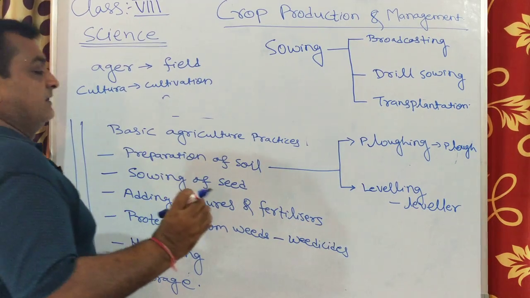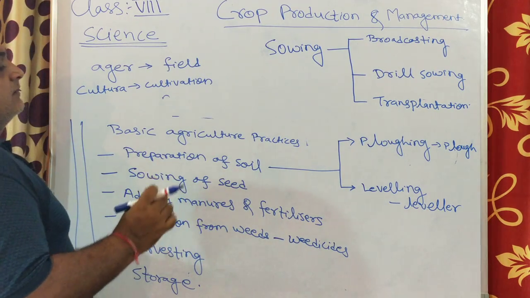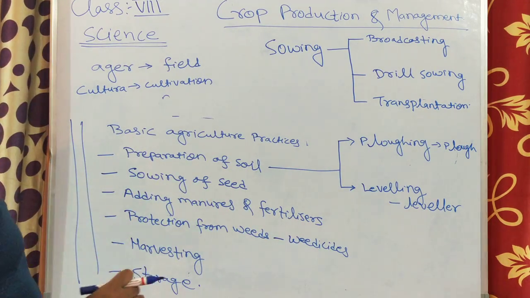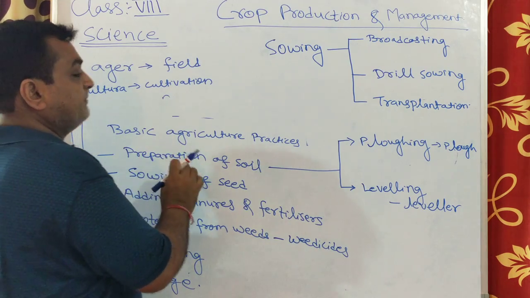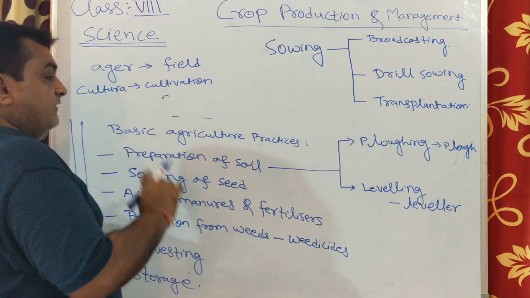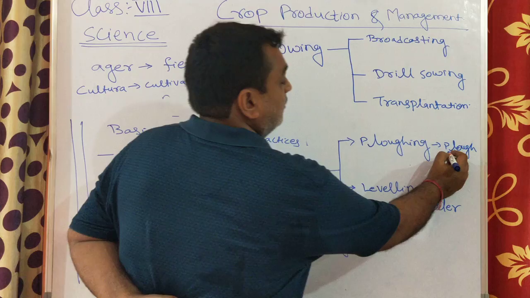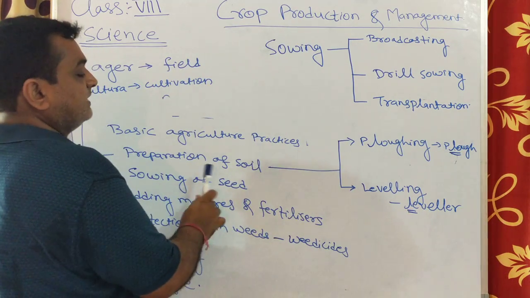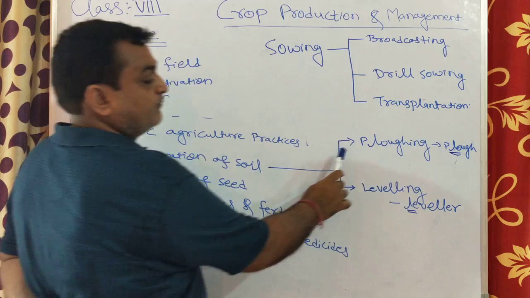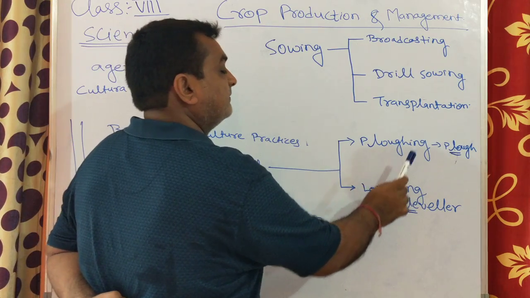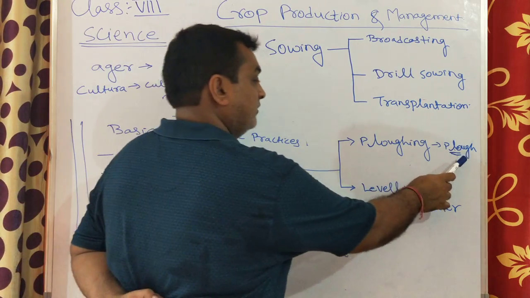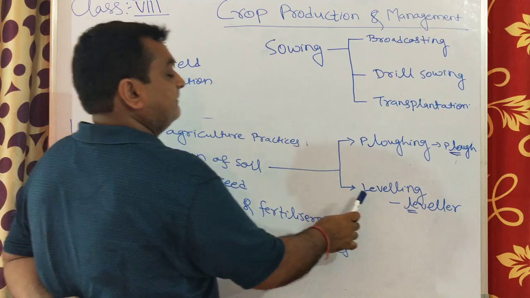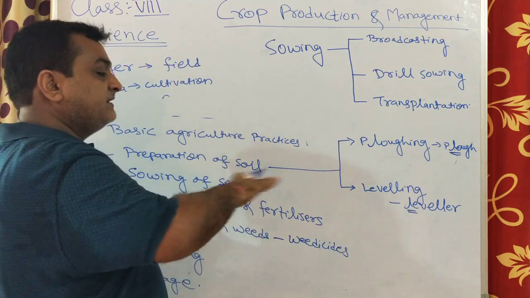So in order to prepare soil, farmers make use of plow and leveler. So there are two ways of preparation of soil: plowing, in which farmer makes use of plow, and leveling. They level the soil by a leveler.